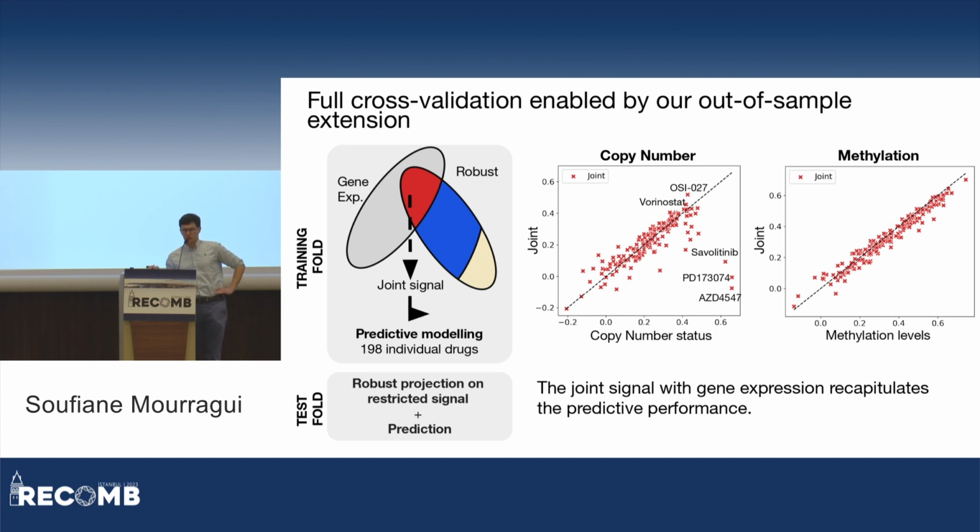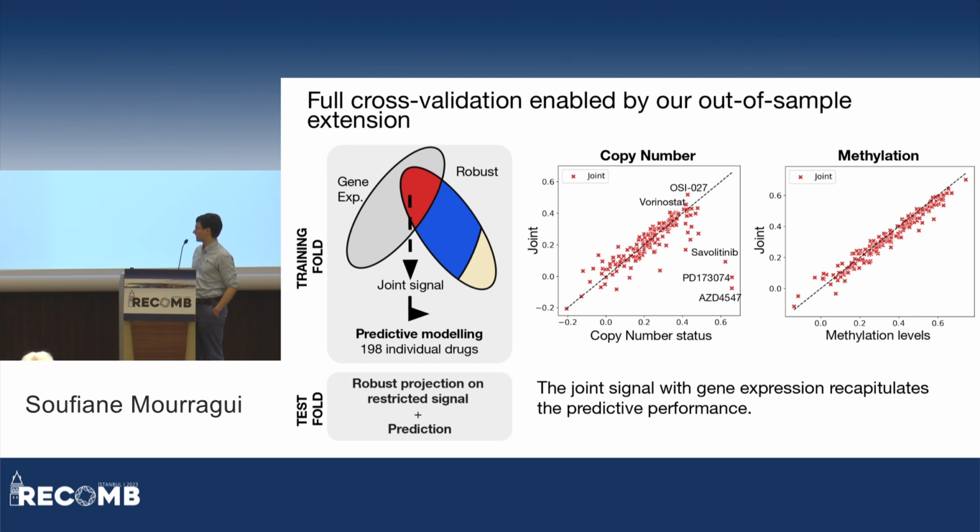Now I hope I have convinced you that the signal predictive of drug response in the DNA-based signal is completely correlated with gene expression, but maybe it goes both ways. To answer this question, we did a deprivation experiment. We reversed the experiment I showed before. We took gene expression and mutation, because it's the weakest signal, and we percolated gene expression through the robust type.